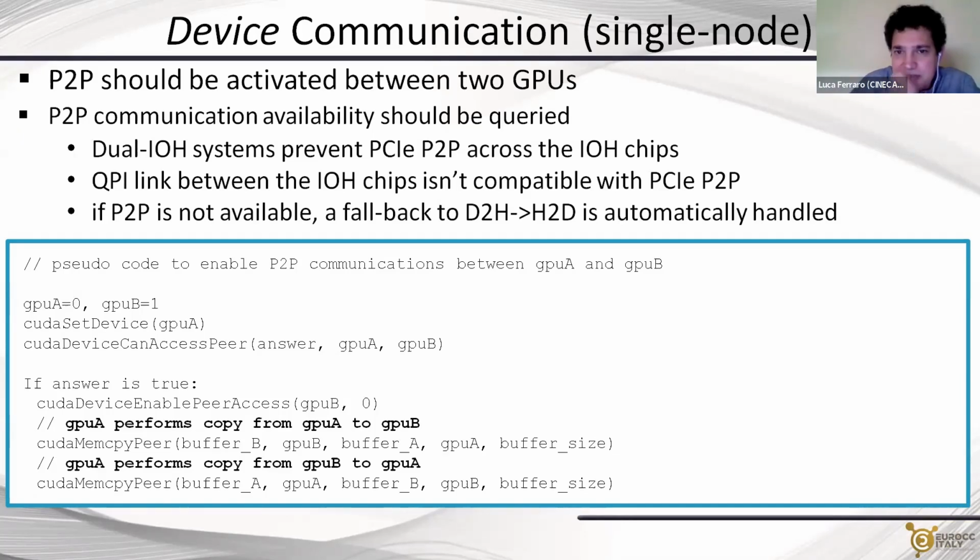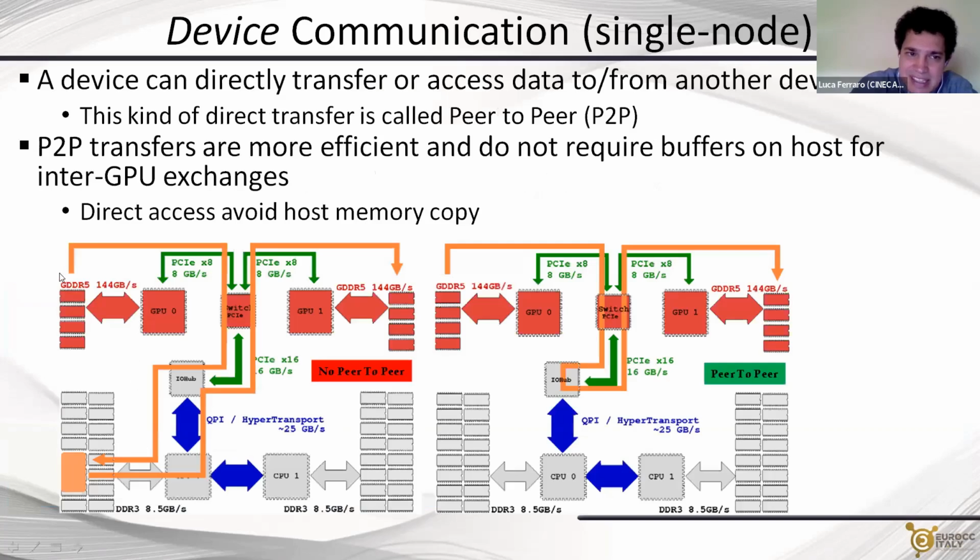If not, I can still write my code using the CUDA memcpy peer-to-peer memory copy API. But under the hood, behind the curtain, this communication will anyway be translated into a communication that will pass through the host memory, a host memory buffer, and then back to the GPU neighbor.